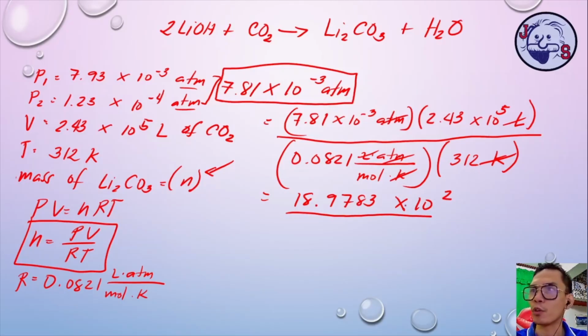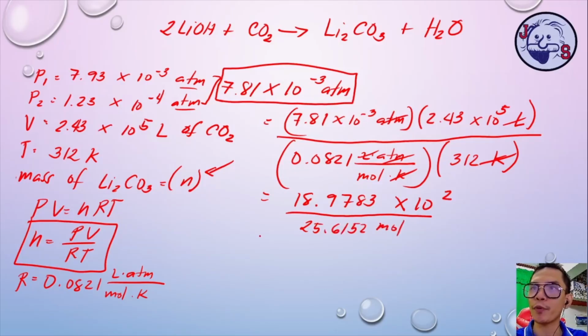Okay, so unitless. On the one at the bottom, we have 0.0821 times 312, so that will be 25.6152, in mole.